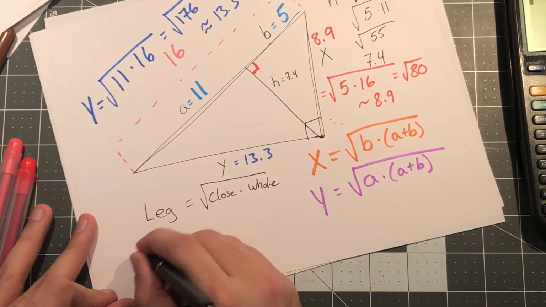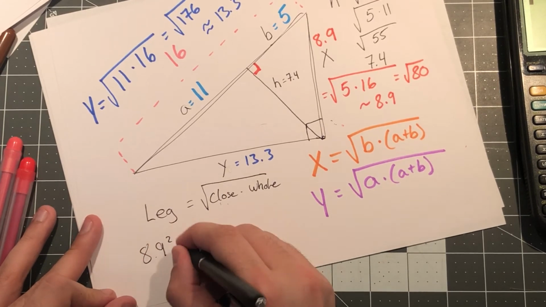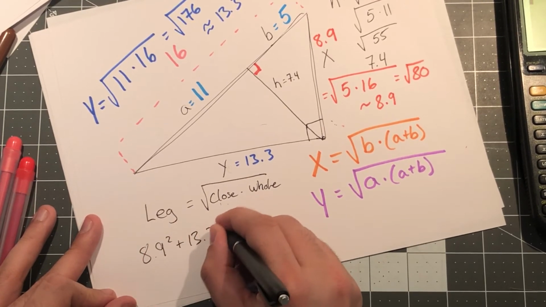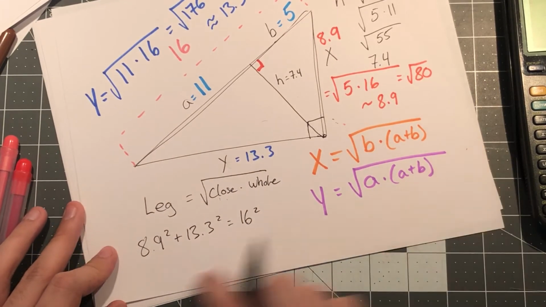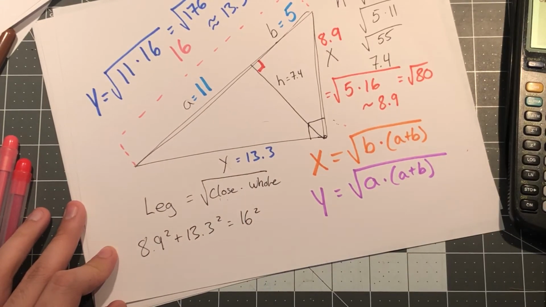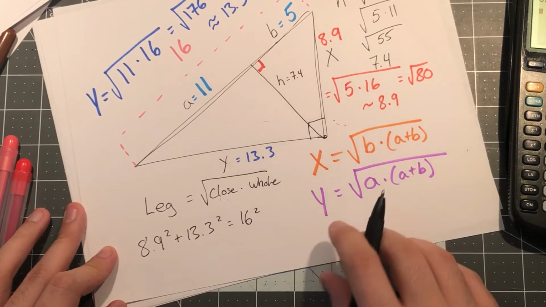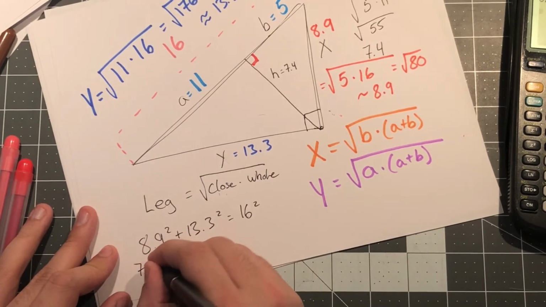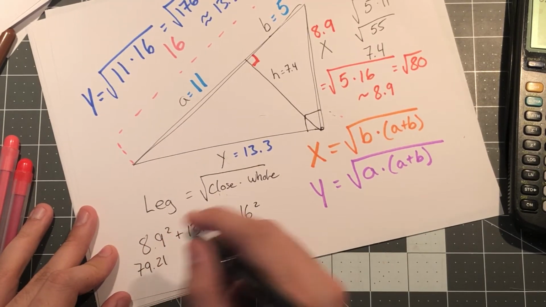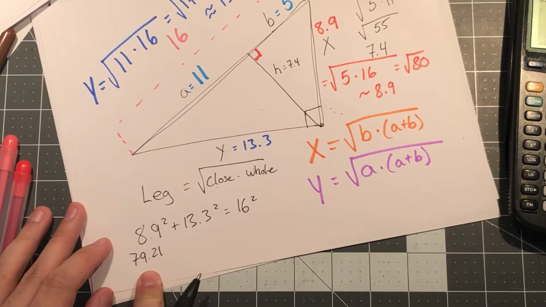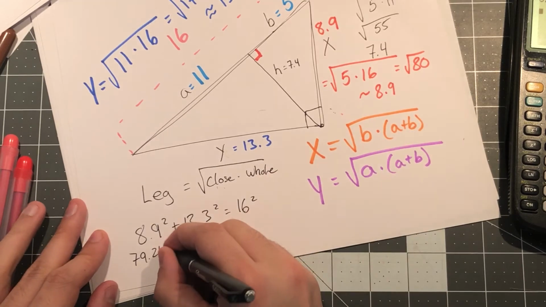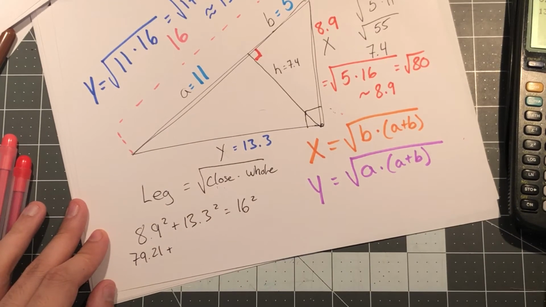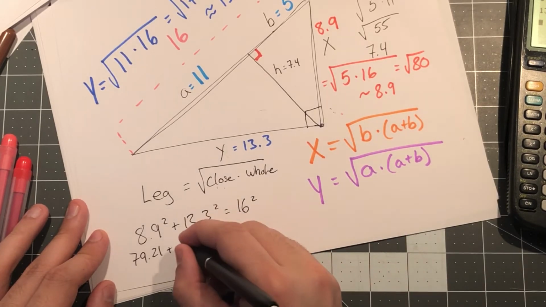Once again, I can say 8.9 squared plus 13.3 squared is 16 squared. It obviously won't be exactly there, because if I just square 8.9, I get 79.21, not square root 80, but that's okay. We're just doing a check because we know we made some cuts, and that's okay.